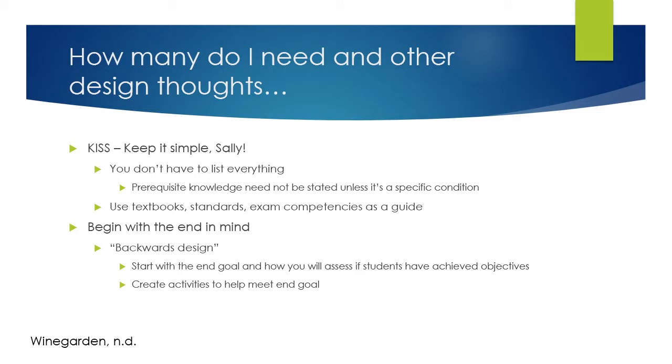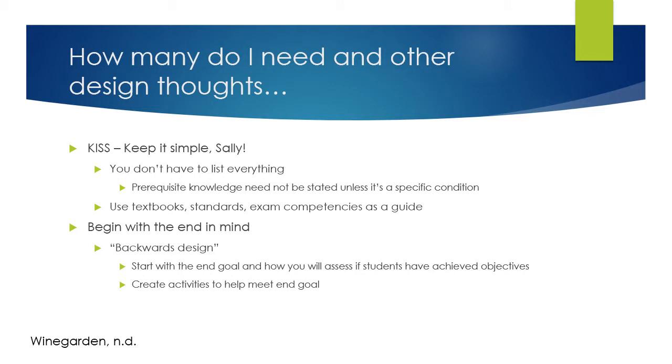So some things that would help direct how far you have to drill down when you're providing objectives for what you want your learners to be able to know? Consider that prerequisite knowledge doesn't have to be stated unless it's a specific condition. So, for example, students that come into the laboratory science program, they need to have taken statistics.